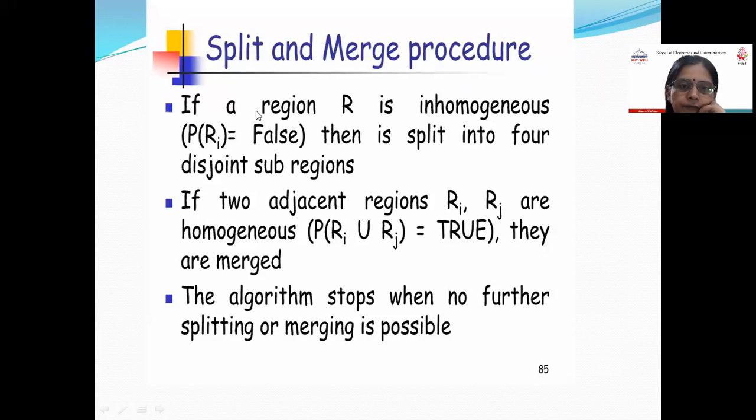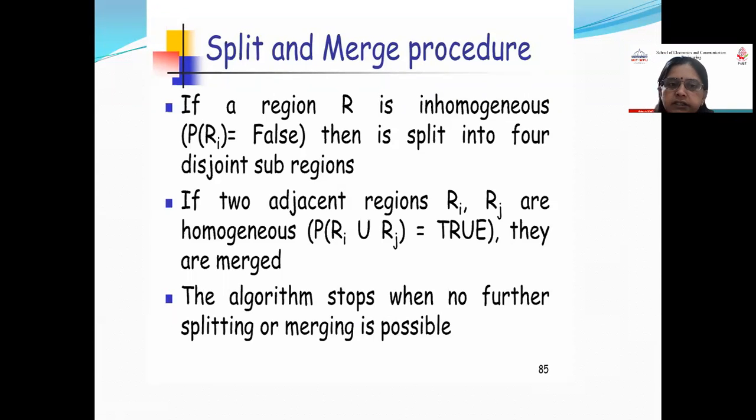Here, if a region R is inhomogeneous, meaning P(Ri) is false, then the region is split into 4 disjoint subregions. Now, if two adjacent regions Ri and Rj are homogeneous, meaning P(Ri union Rj) is true, then these 2 regions are merged together, and the algorithm stops when no further splitting or merging is possible.